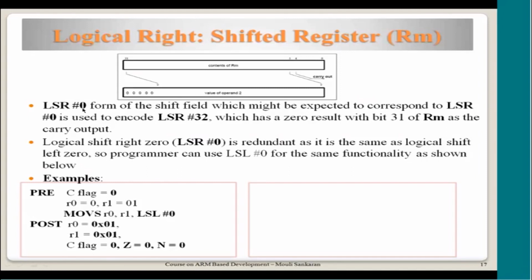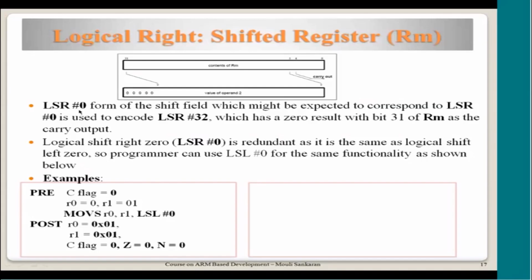You don't want to do any shifting at all, right? But I also told you LSL 0 did not want any shifting operation. Now when you don't want to do any shifting, either left or right, how does it matter whether you put LSL 0 or LSR 0?